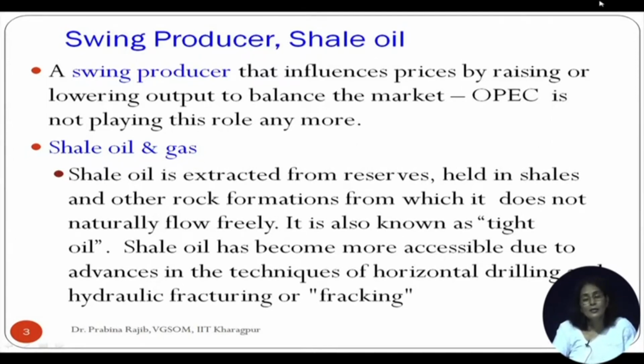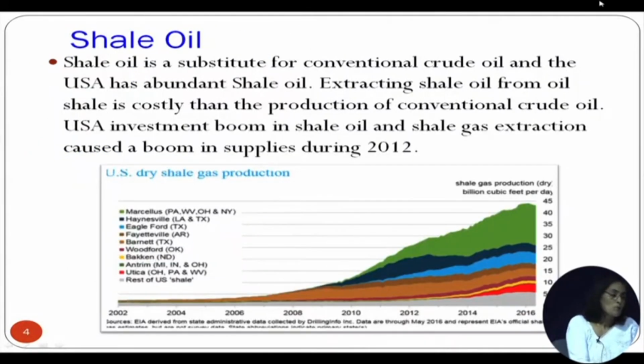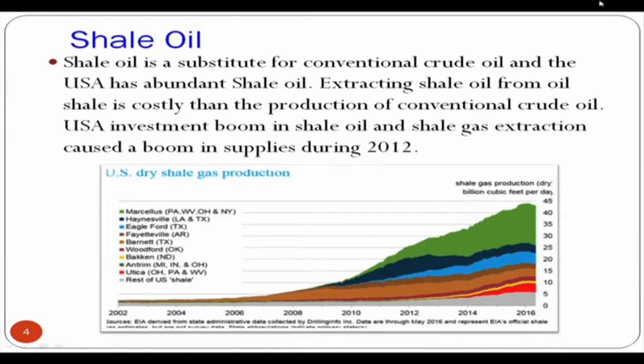But the essence of this discussion is that the shale oil production in USA has gone up substantially. So now let's go to the next slide, which shows the production of shale gas in USA.